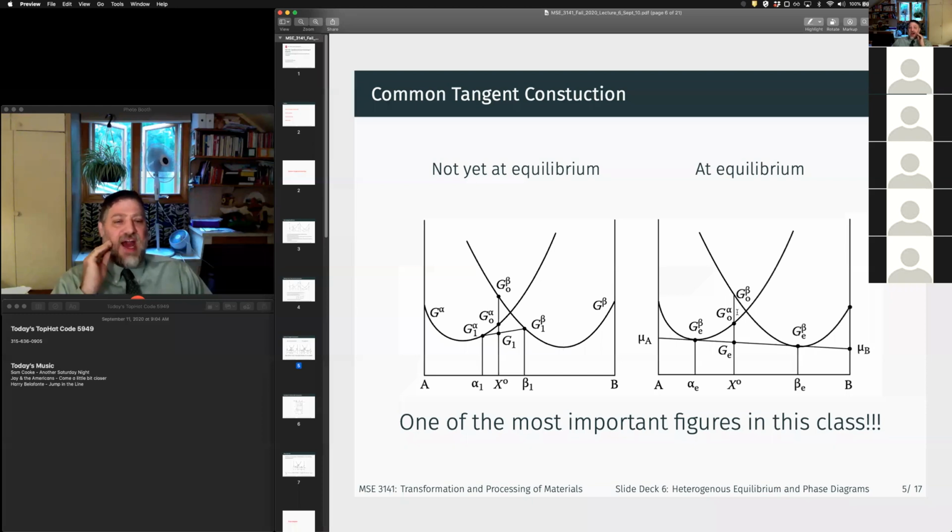And when does it stop? That's not a rhetorical question. Someone throw it out there. When does it stop? At equilibrium. But what does equilibrium mean in terms of the chemical potential?